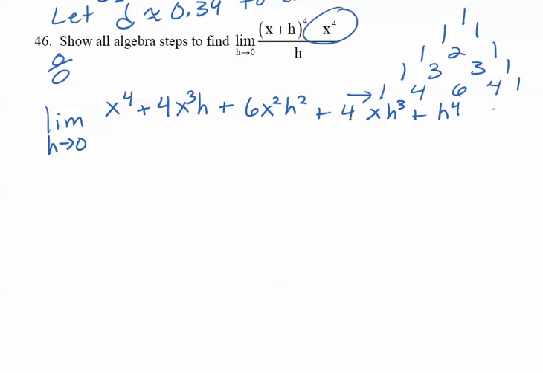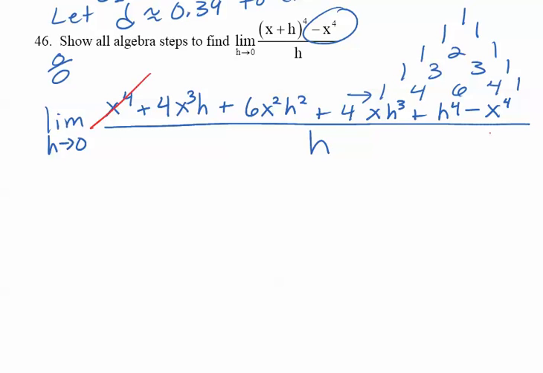And then don't forget, we still have to go back and get that minus x to the 4th, all divided by h. So this positive x to the 4th and that negative x to the 4th cancel. And sure enough, now we can factor an h out of every term of the numerator.